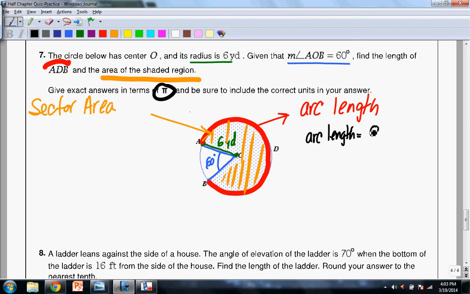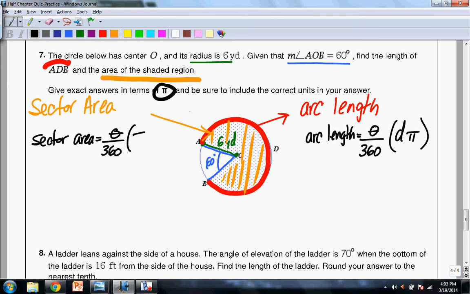So we do the angle theta that we're working with over 360 times d pi. That's arc length. And sector area is a fraction of area. So it's theta over 360 times pi r squared.